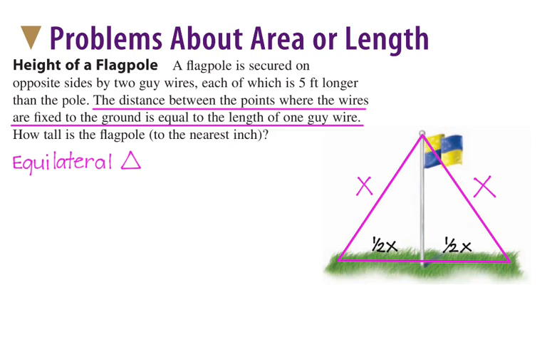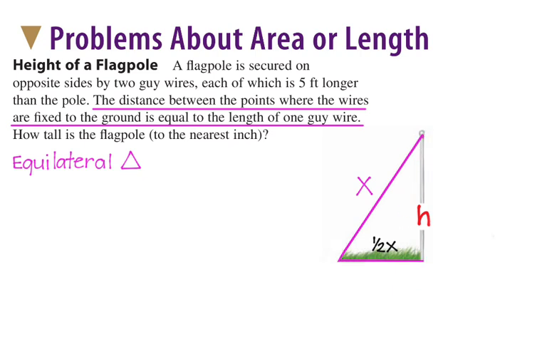Now this is very much like a geometry class. We're saying, oh, here's the height of the pole, which I don't know, but if I just look at one of those right triangles, we say, ooh, we know the Pythagorean theorem. If I want an equation for height, I would take the hypotenuse squared, subtract this other leg squared, so (1/2 x) squared, and then take the square root, and that's going to equal the height of this right triangle.